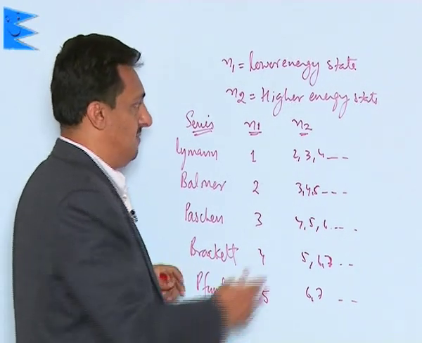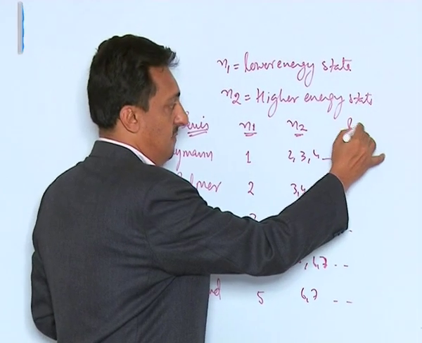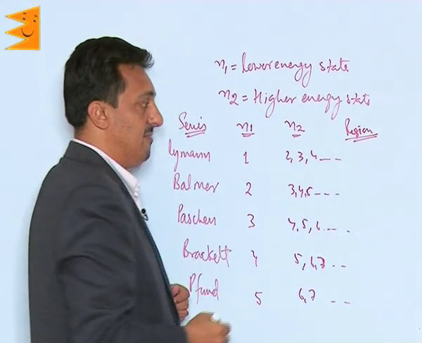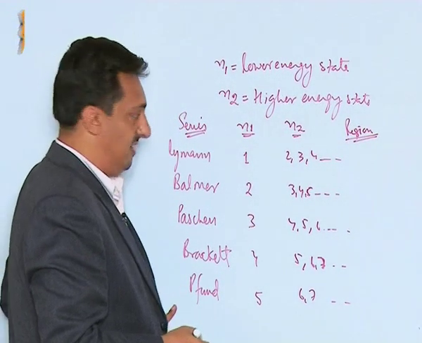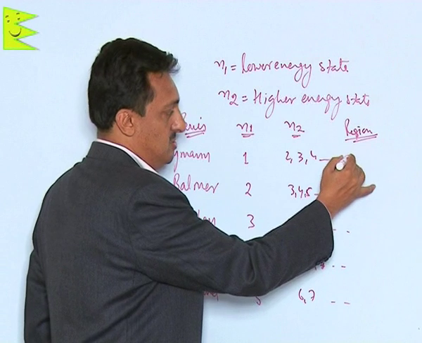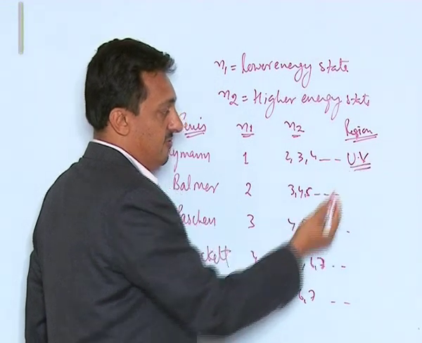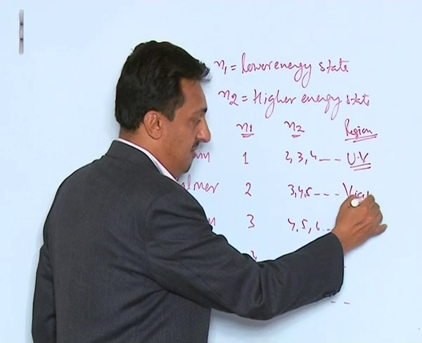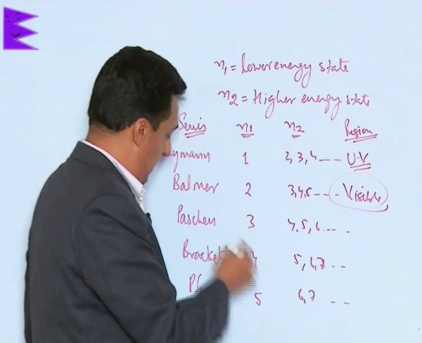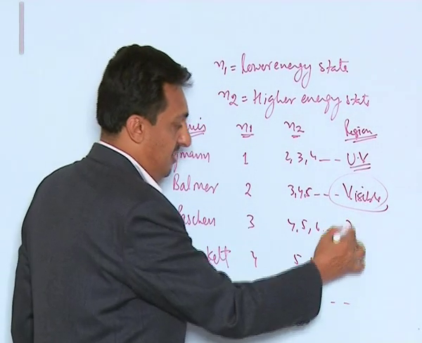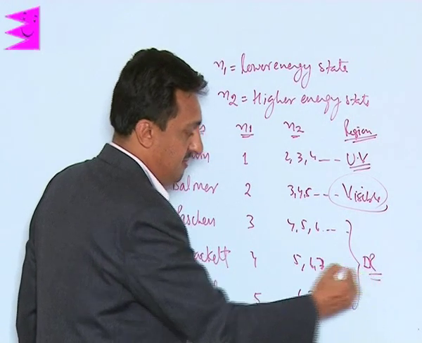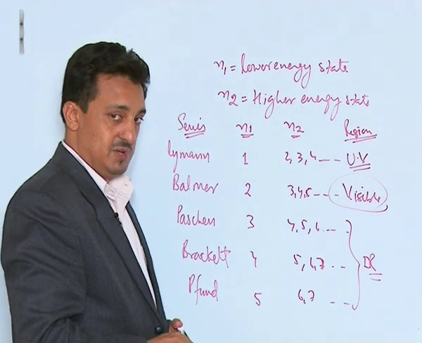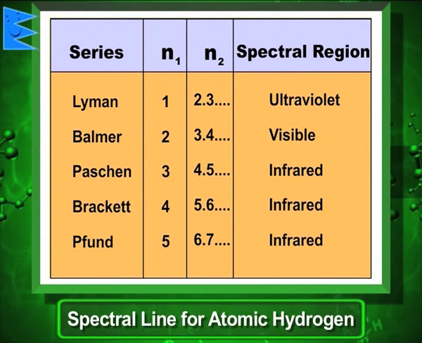You also need to know the region of the EM spectrum to which these bands belong. Lyman belongs to the UV region, so it will not be visible to us. Balmer is the only one lying in the visible region, so it will be visible to us. Paschen, Brackett and Pfund all are in the IR region, so they won't be visible to us either. So this is their placement.